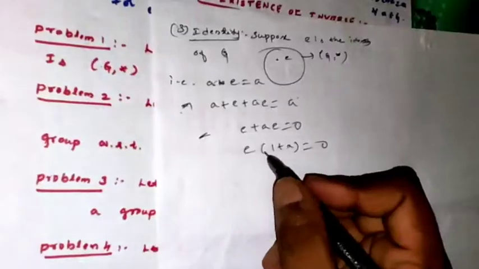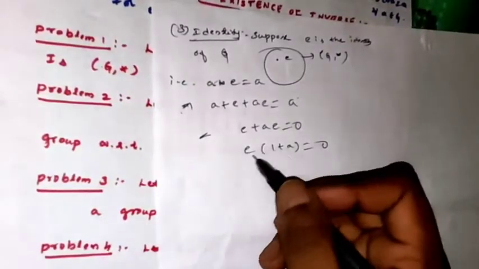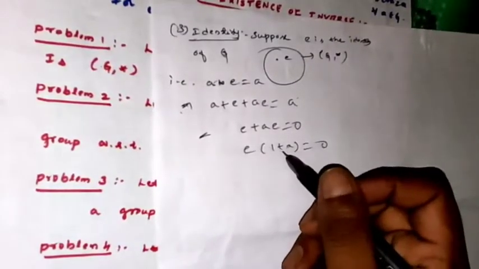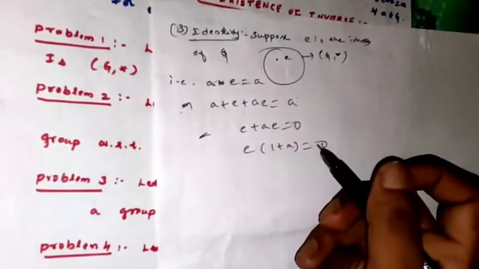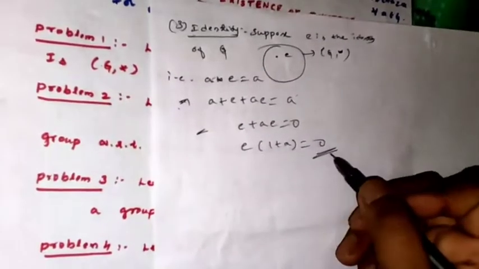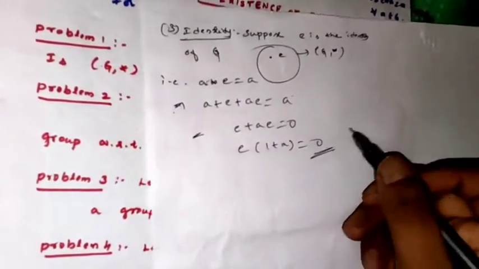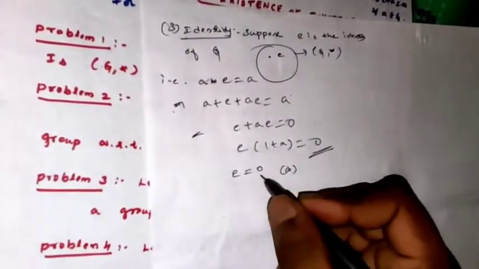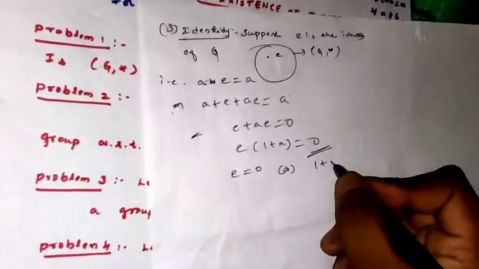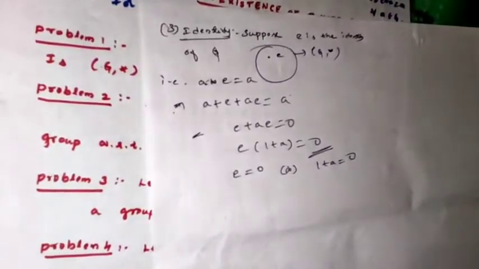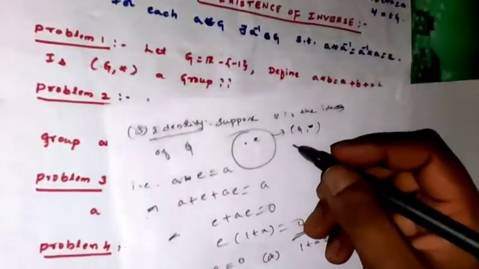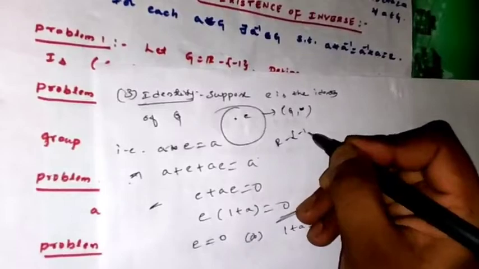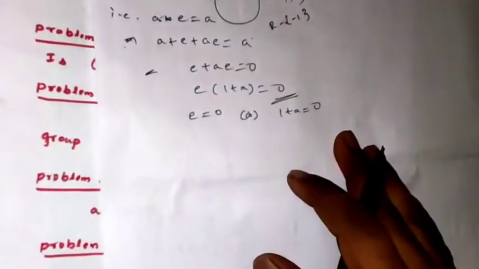If anyone of these elements is 0, then the product is 0. That means e is equal to 0 or 1 plus a is equal to 0. Yes or no? What is our group? R except minus 1.